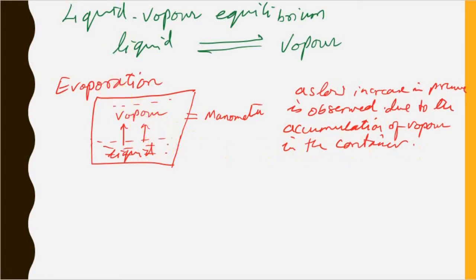Understood? Now, what will happen? You could see the pressure increasing, increasing, increasing, isn't it? And suddenly it will reach a certain state and then it remains constant. Clear? A steady increase you can see in the beginning, isn't it? Then, after some time, the pressure becomes constant.